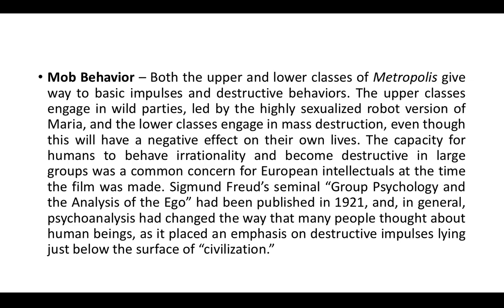And this was a major concern for intellectuals and for artists at the time that Metropolis was made. I just mentioned one book, but there are many on this subject that were released around the end of the 1910s and within the 1920s.